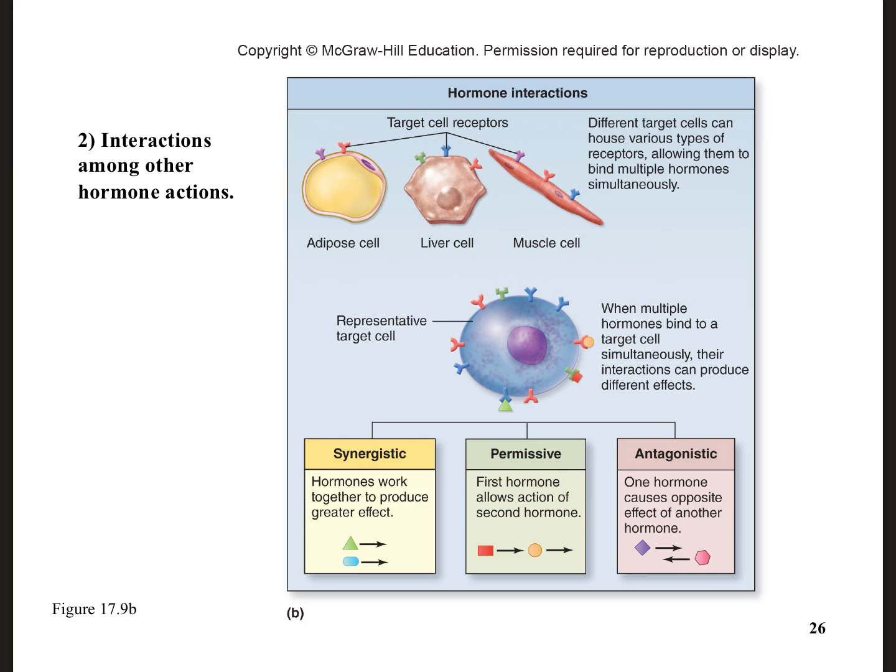And I think for most of the time, our cells probably have a permissive action. There's some places where they work together. There's some places where they work against one another. But a lot of times it's just a hormone's there, hormone receptor's there. The hormone is going to target a cell and do its job. Another hormone is going to target the same cell, and it's going to do its job kind of on its own, separately. Okay? Does that make sense?